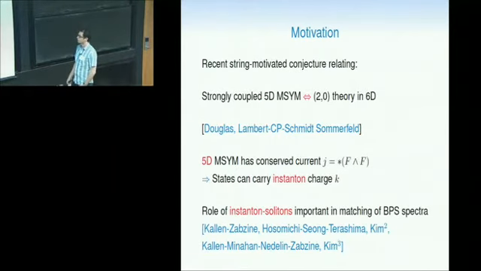So, as such, there are states in 5D Yang-Mills which carry instanton charge given by some integer k. And these states are crucial for comparing and matching the spectra of 5D Yang-Mills and the (2,0) theory.